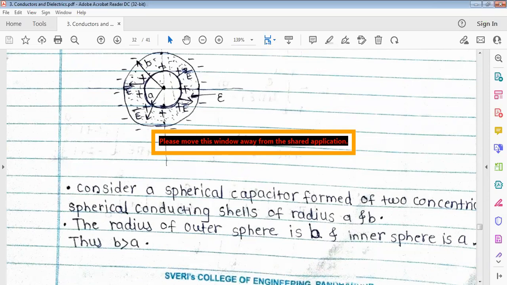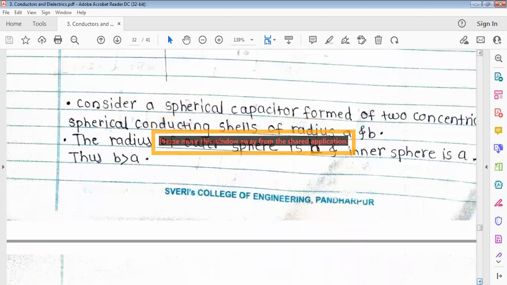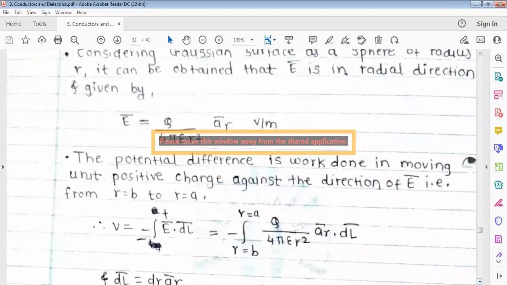So that is having radius b. So it is from r equal to b to r equal to a of this E bar dot dl bar. Now E bar is equal to Q upon 4 pi epsilon into r square into unit vector a bar r dot dl bar.